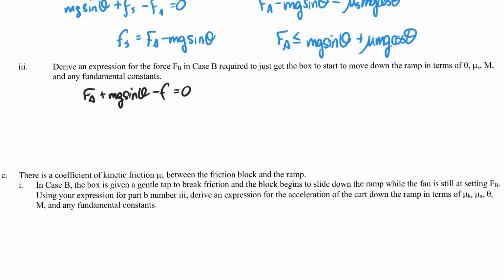Everything else stays the same. So I'm still doing all the same substitutions. So friction equals Fa plus mg sine theta. So I'll set that over here.